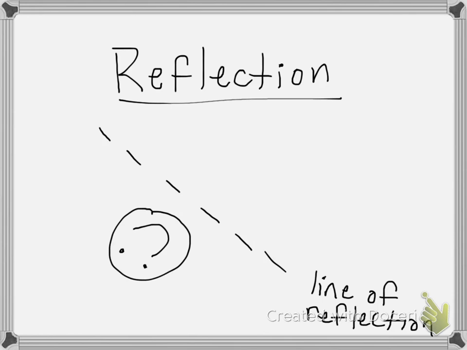Well, if it's reflected to the other side, it's going to be the exact same distance away from the line, the exact same shape. And the features are also going to be portrayed the exact same way. So I wouldn't have my smiley face going upside down. It's got to go smiling. That's what makes it a smiley face. So it's going to go the same direction. Okay, so those are our 4 transformations that we have talked about.